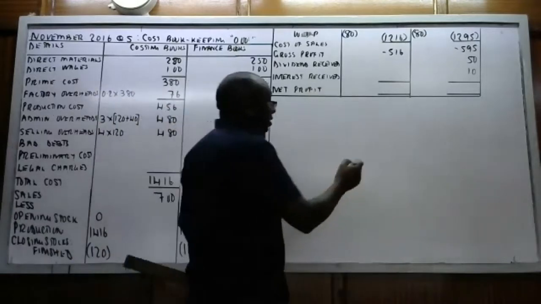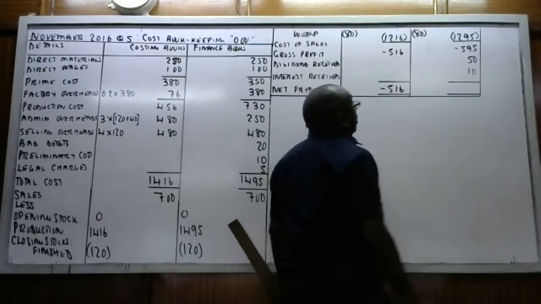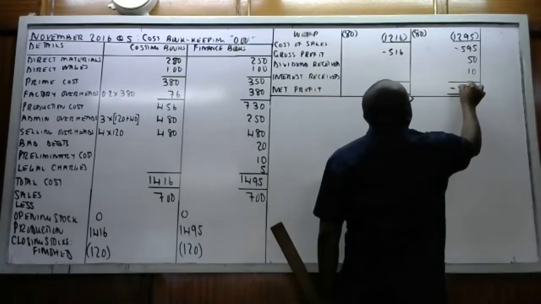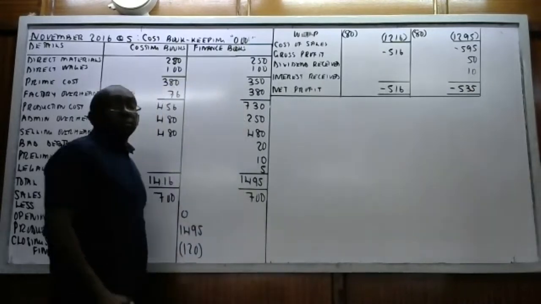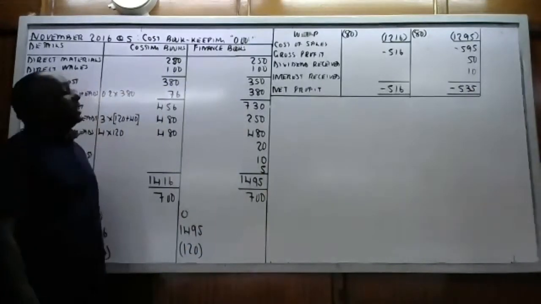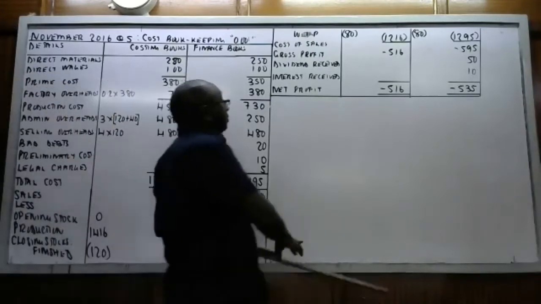Hii imebaki minus 516 and minus 535. So what was being tested there is the ability to know who belongs where.